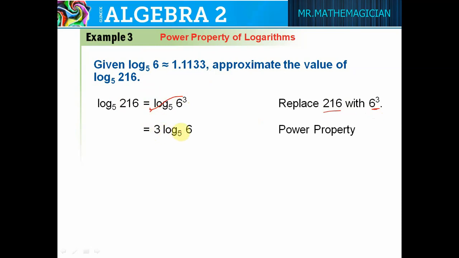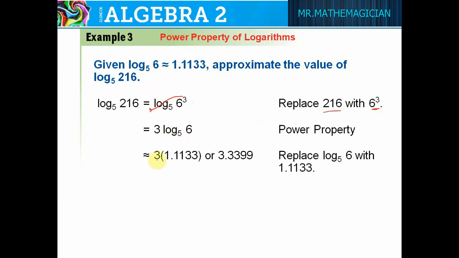So 3 log 6 base 5, and we are given log 6 base 5 as 1.1133, so we multiply and you get 3.3399. So the answer is 3.3399.